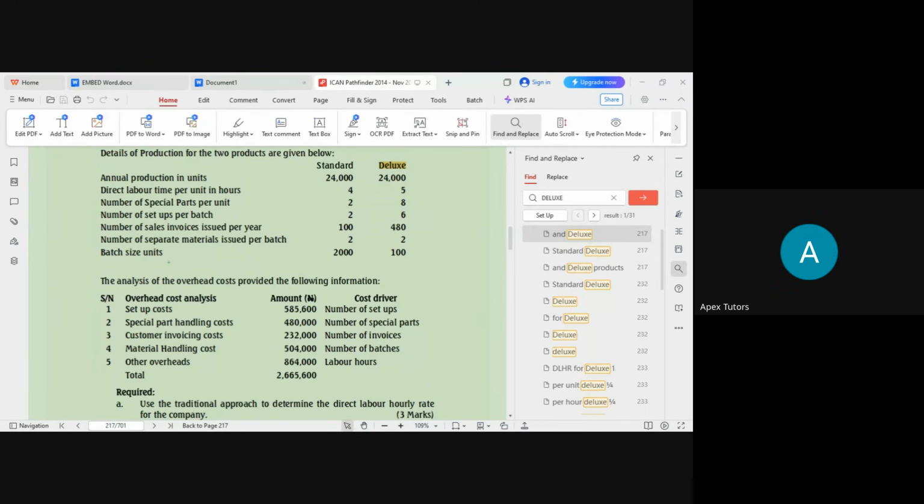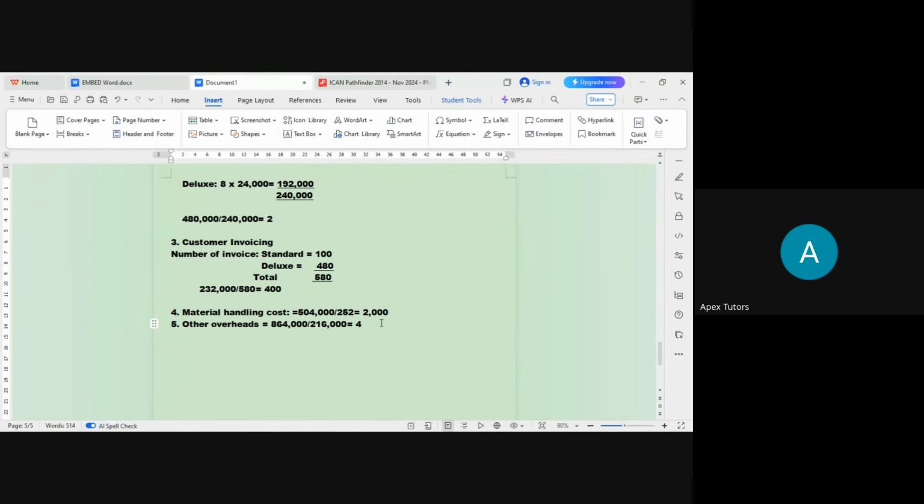Okay, I'm trying to digest that. That is when we're trying to compute the overhead absorption rate, right? Yes, because I was thinking that we are supposed to multiply it, but now you are saying that is irrelevant.